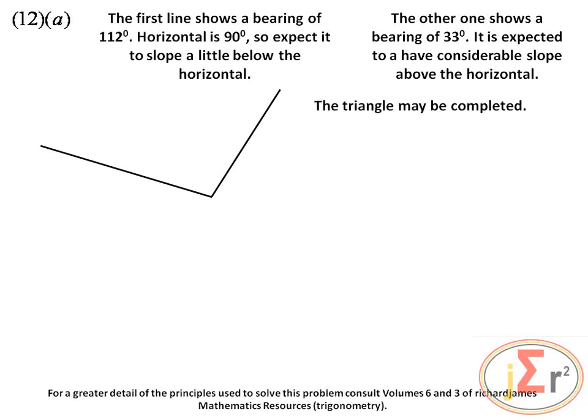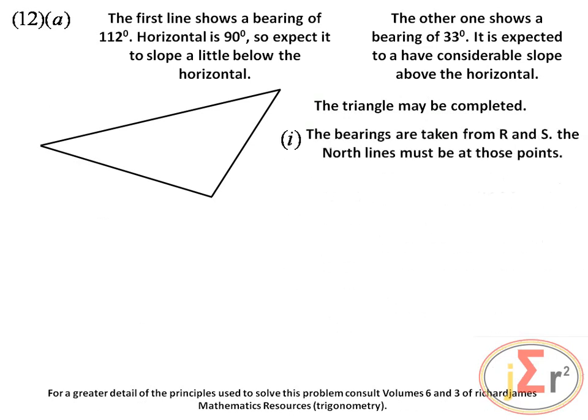The triangle may be completed. The bearings are taken from R and S. The north lines must be at those points. So if we are going to be inserting bearings, we have to have north lines. No bearings without north.